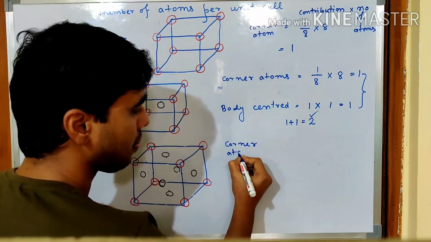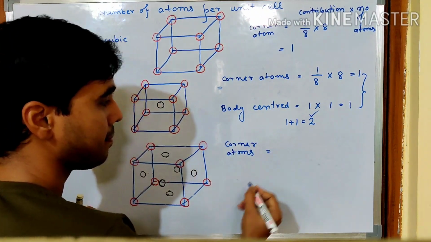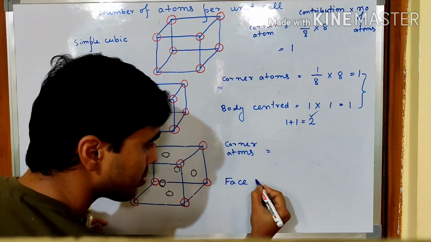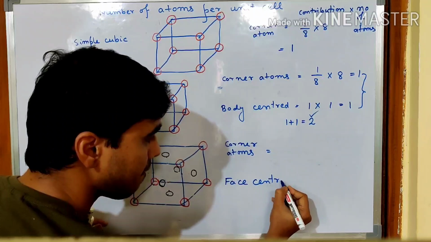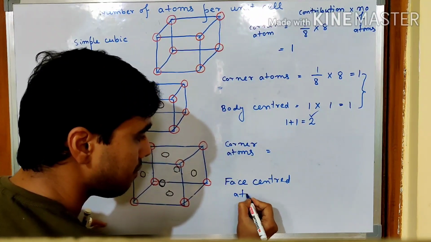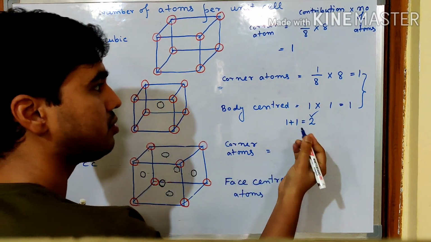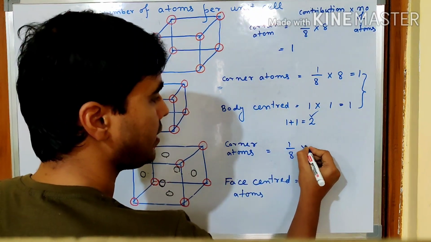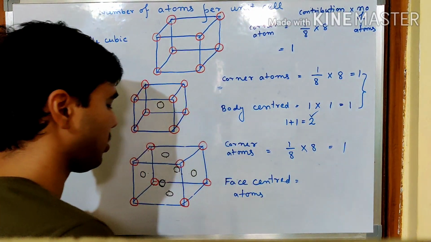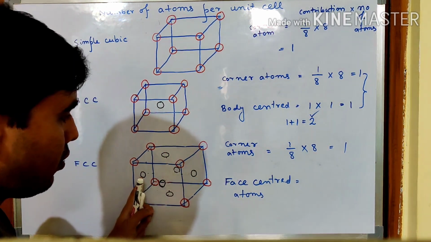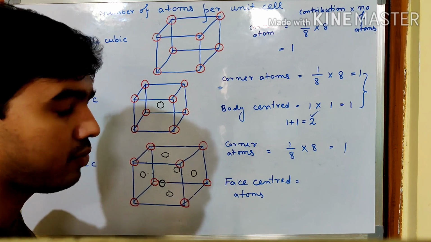In case of face centered, there are corner atoms and then there are face centered atoms. For corner atoms, same rule. 1 by 8 into 8 gives rise to 1 because there are 8 corner atoms. Now for face centered atoms, we have seen it already.